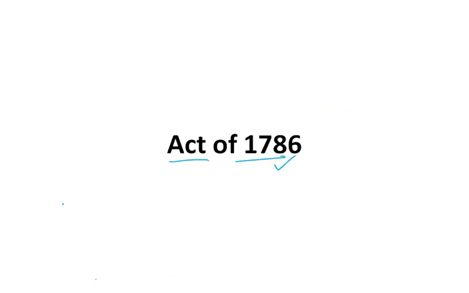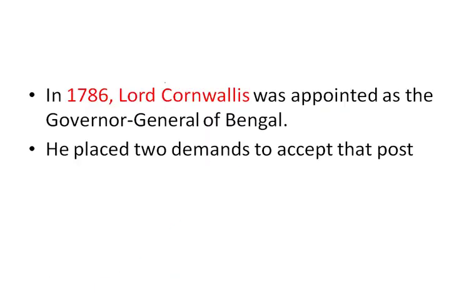In 1786, the East India Company wanted to appoint Lord Cornwallis as the Governor General of Bengal. But he placed two demands before the East India Company to accept the post.